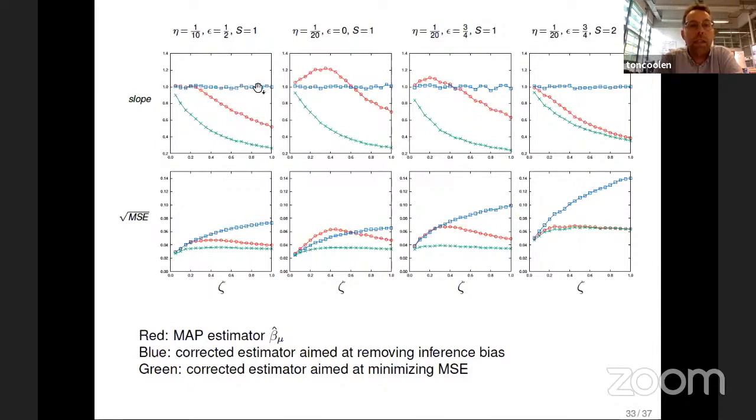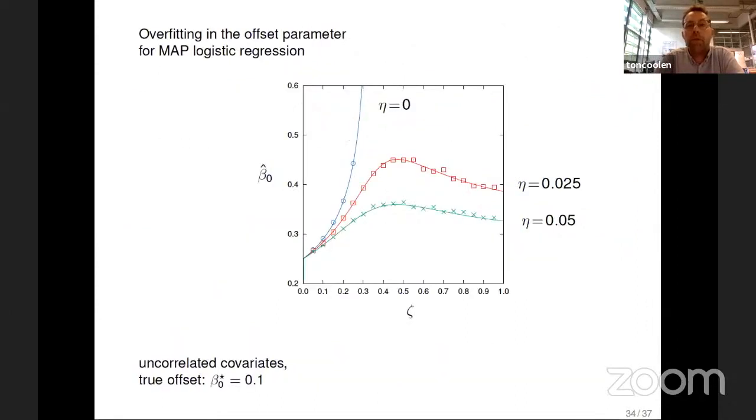And you see that indeed these slopes in all these cases are more or less equal to 1. Then green is the other protocol that says, no, I don't care about the bias, I want to minimize the mean squared error. And you see that if this is what you do, indeed it corrects and it has the lowest value of all these examples. And it depends on what your criterion is which one of these you use.